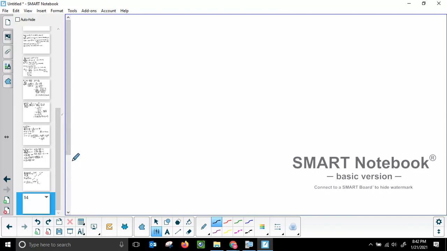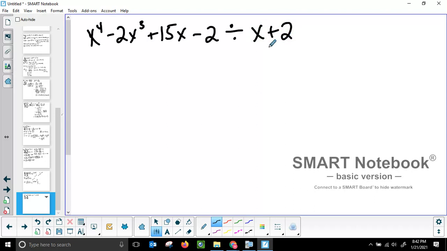All right, number 14, find the quotient and remainder when x to the fourth minus 2x cubed plus 15x minus 2 is divided by x plus 2. Right, well, we can either use long division or synthetic division here.